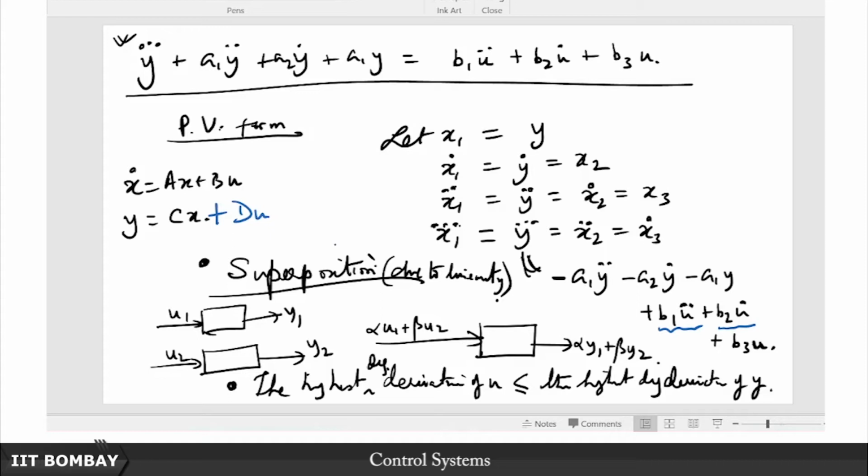Hereafter, once you have learned this phase variable form, you will see that having to draw all this circuit diagram or block diagram is going to be completely redundant. You at least have one form which you can write immediately just by looking at the differential equation. Lots of promises. So what is this phase variable form? Should get you excited about it now.